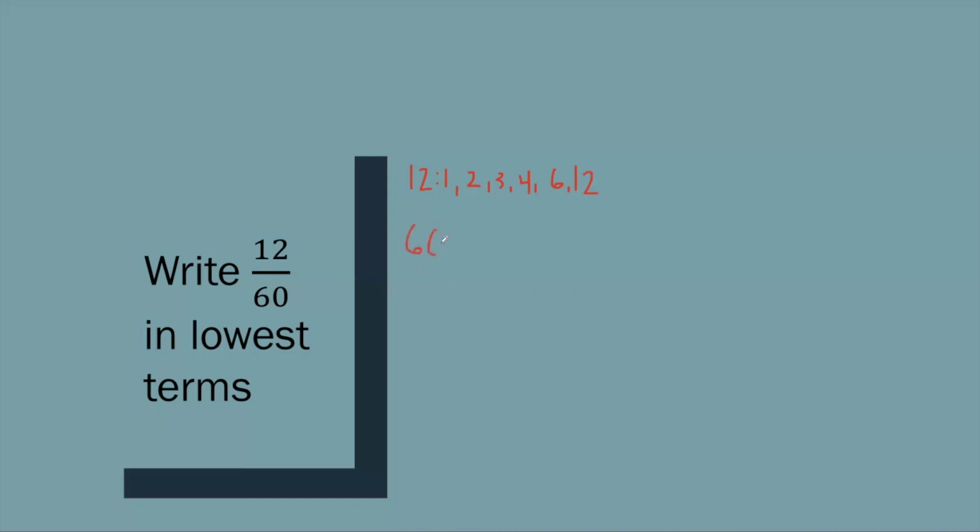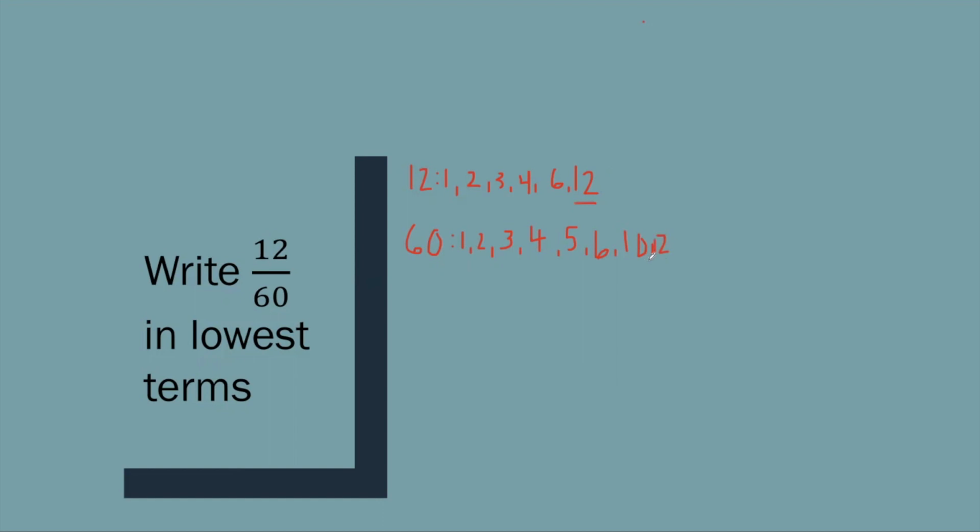And then with 60, 1, 2 goes into 60, 3 goes into 60, 4 goes into 60, 5 goes into 60, and 6 goes into 60, and then 7 and 8 do not, neither does 9, 10, and 12 goes into 60.